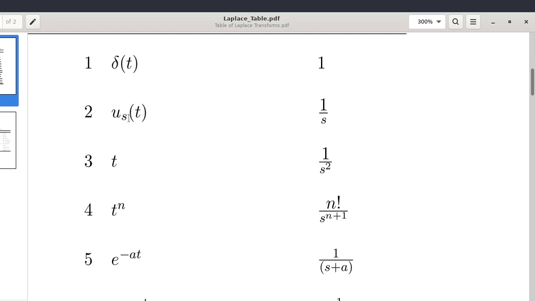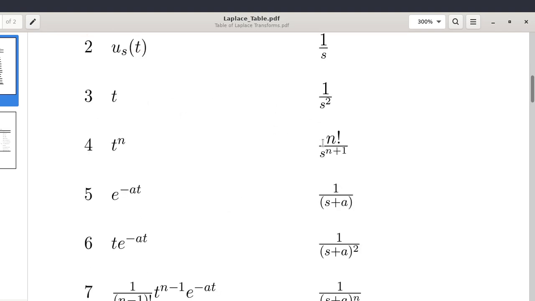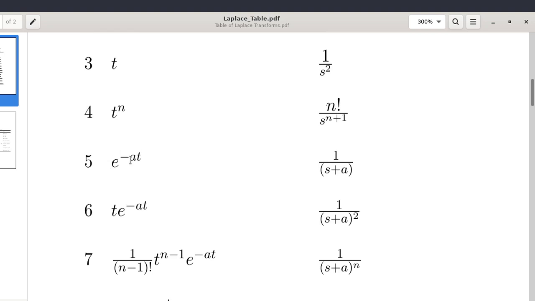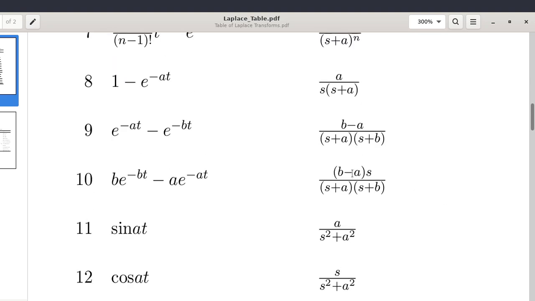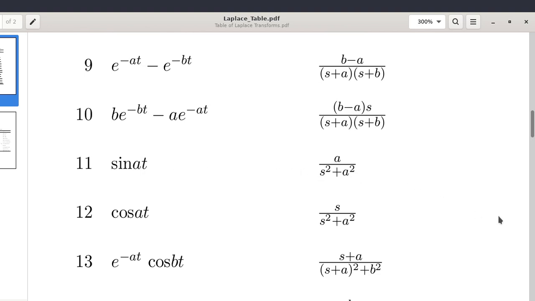You might be asked to show that the Laplace transform of 1 is 1 over s, the Laplace transform of t is 1 over s squared, that the Laplace transform of e to the minus at is 1 over s plus a, that the Laplace transform of sine at is a over s squared plus a squared, or that the Laplace transform of cos at is s over s squared plus a squared.